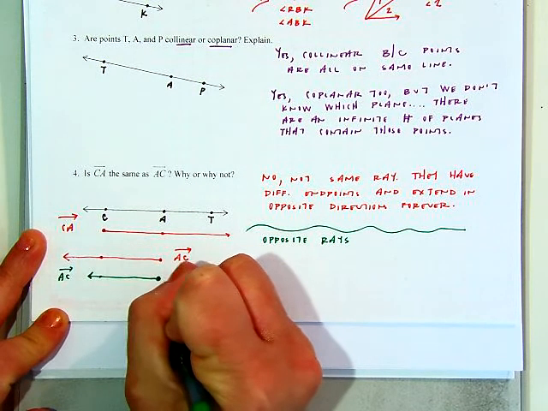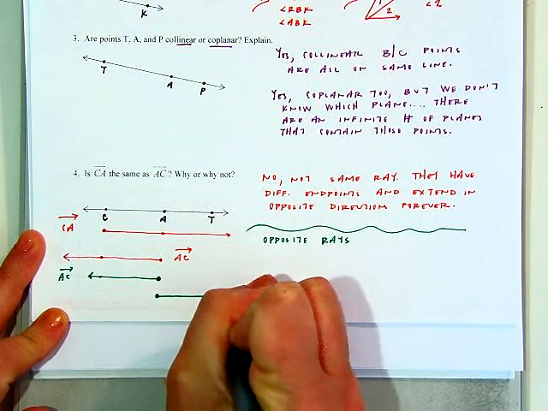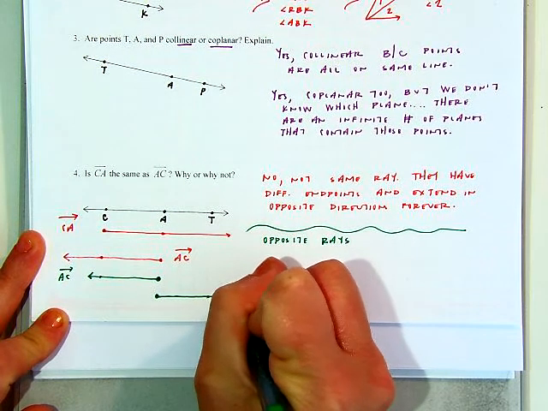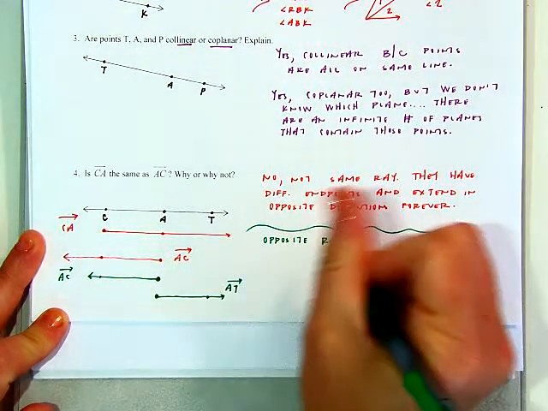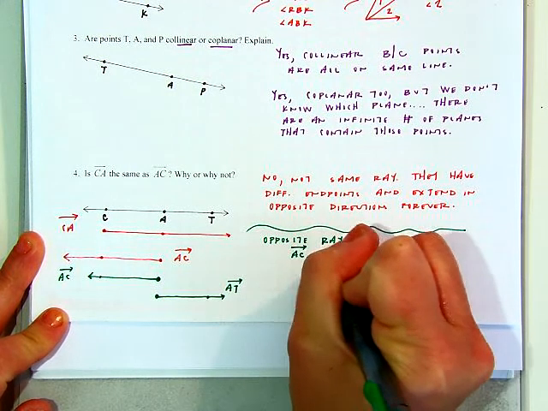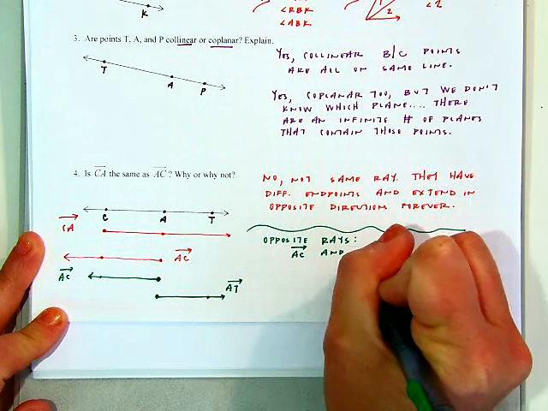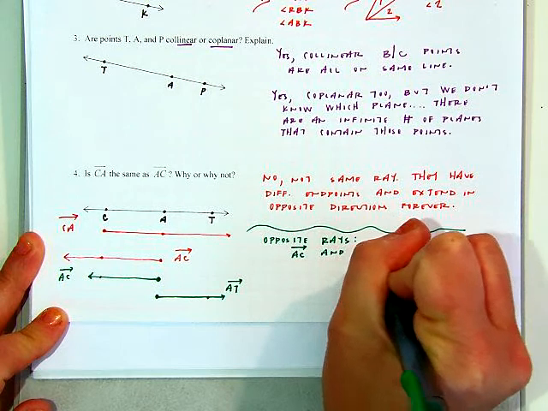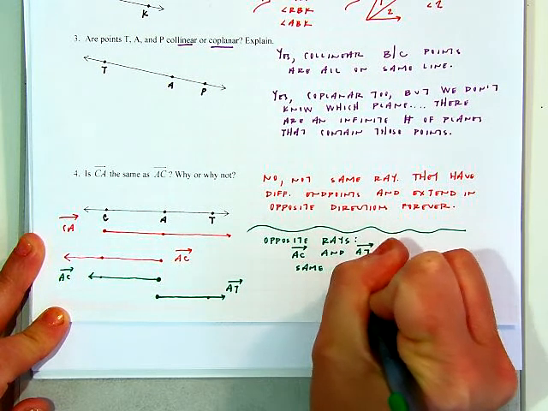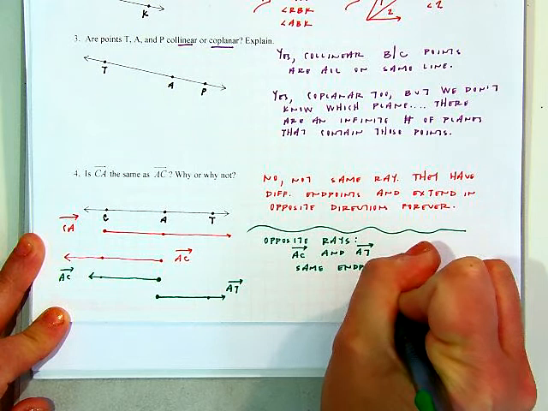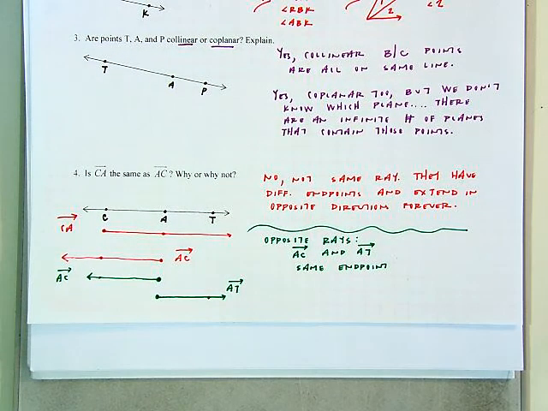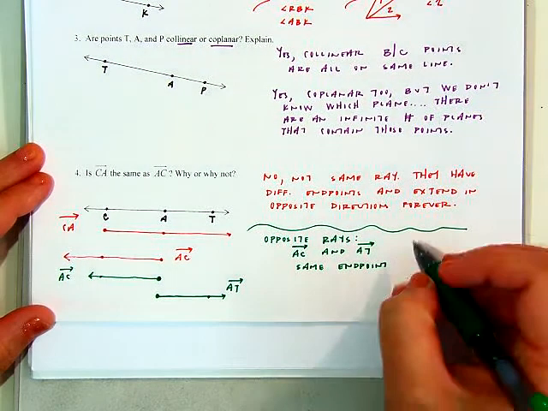And where A is, if I go in the opposite direction, that's where the T is, this would be ray AT. So opposite rays would be AC and AT. They have the same endpoint, point A, but they extend in opposite directions forever.